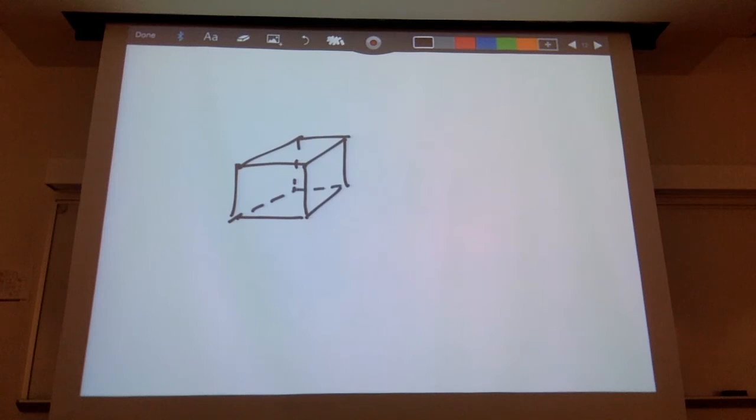So let's say here's my cube. Draw it down here and over here. So let's take, I don't know, this is the z-axis, this is my x-axis, this is my y-axis.